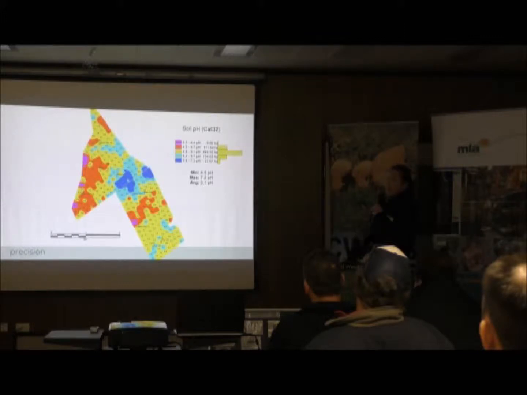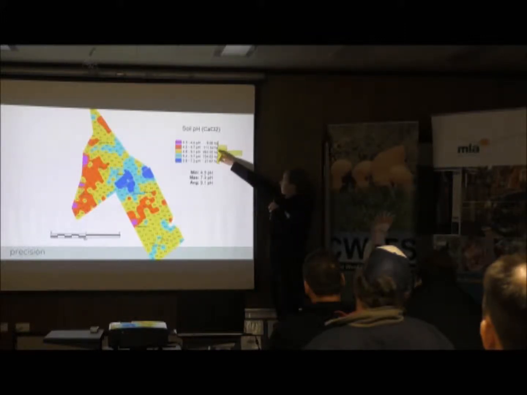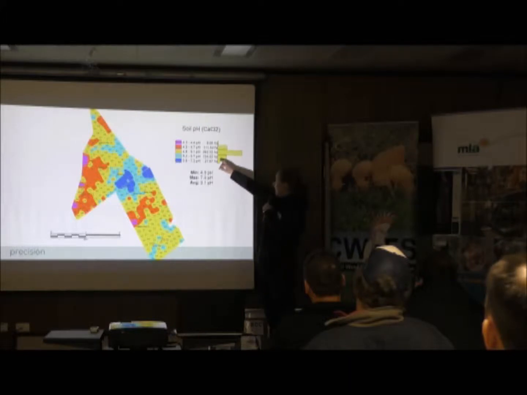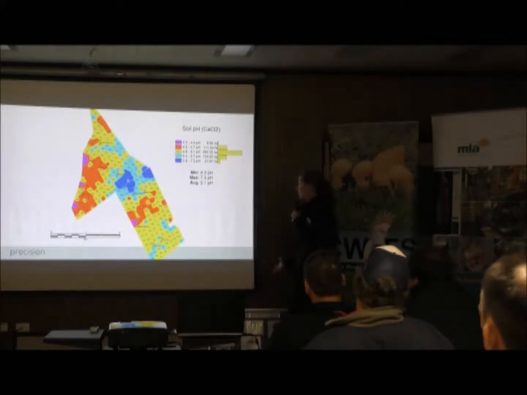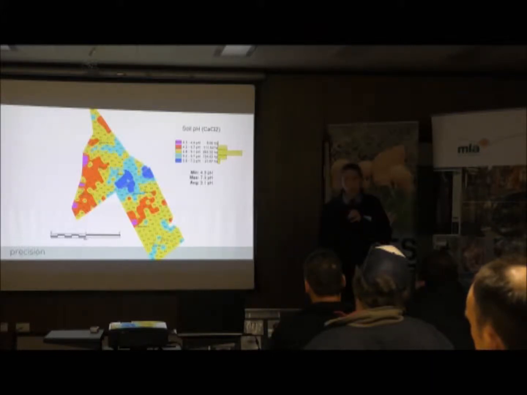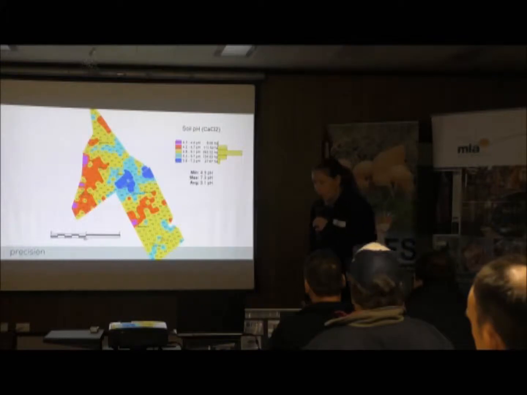We wouldn't have picked up on that variability. There's about 120 hectares that is actually below 4.7 pH, and about 130 hectares above 5.2, which is in pretty good shape, as in you're not going to see yield constraints at that sort of pH level.